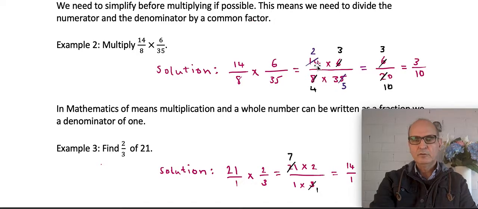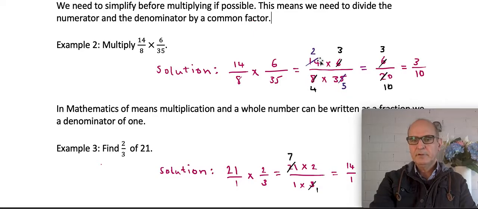In other words, 7 divides 14 evenly and also divides 35 evenly. So we need to divide both of them by 7. 14 divided by 7 is 2, 35 divided by 7 is 5.